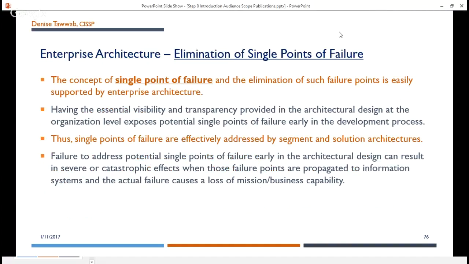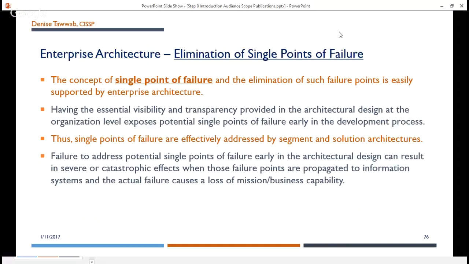And then finally, elimination of single points of failure. The concept of single point of failure and the elimination of such failure points is easily supported by enterprise architecture. Having the essential visibility and transparency provided in the architectural design at the organization level exposes any potential single points of failure early in the development process.